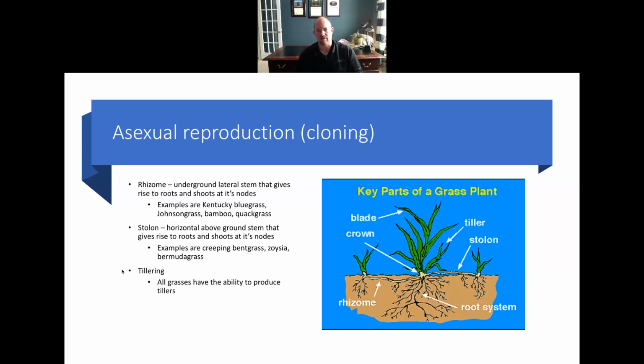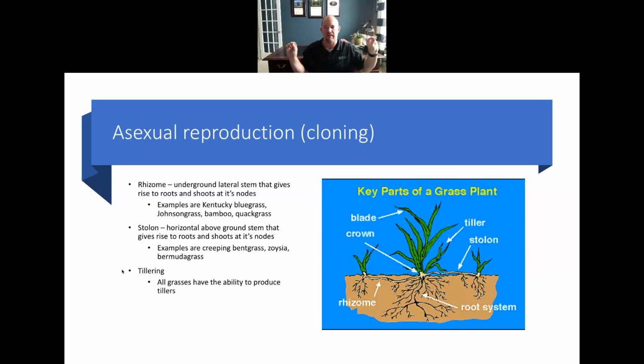Examples of grasses that produce stolons would be creeping bentgrass, zoysia grass, Bermuda grass, St. Augustine would be another one. So these are grasses that produce stolons. So these again are a secondary, like a stem. It's like the stem that grows up that gives way to the blades, but it's a different type of stem.